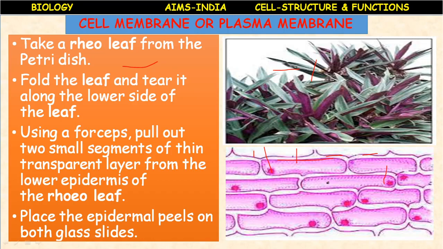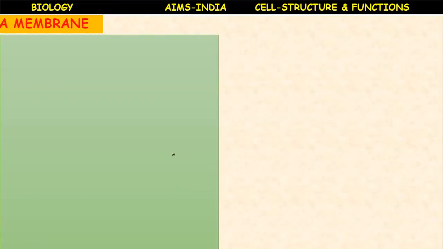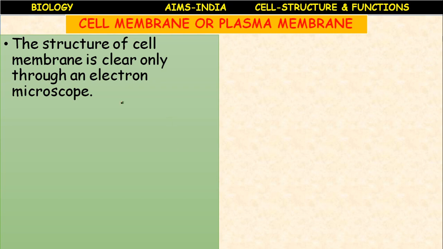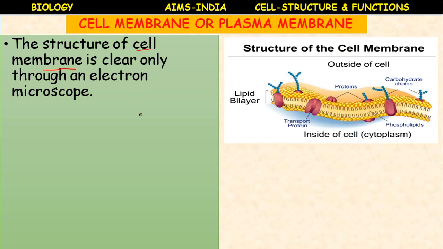So let us see more about the cell membrane. The structure of cell membrane is clear only through electron microscope.